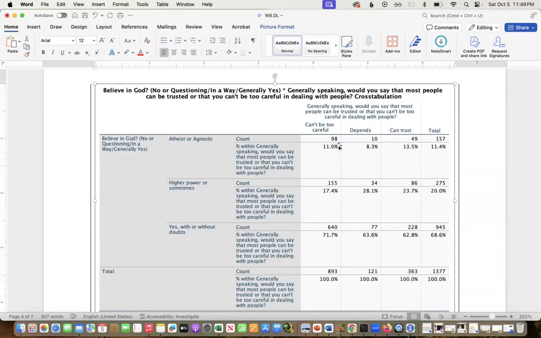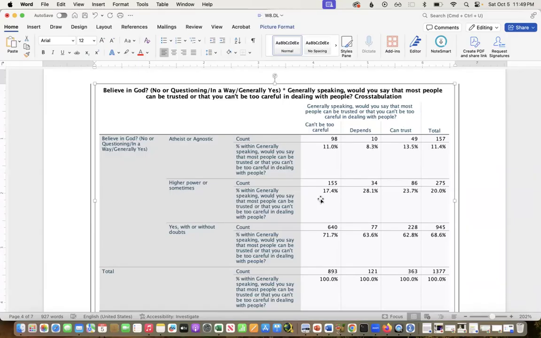So these are about 5.2% apart. So people who are trusting were a little bit more likely to be atheist or agnostic than people who said depends, but these are about 3 apart. These are about 2.5. So the differences aren't too huge as we go across. There's not that much of a relationship here.